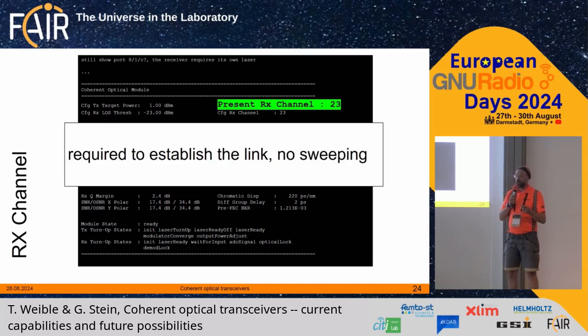And why would you do that? You can do this, for example, if you want to do a single strand transmission. So instead of running 2 fibers, one for transmit and one for receive, you can do it on a single fiber, having 2 different frequencies on 1 fiber, basically. But to do so, you need a separate local oscillator inside, and not all modules do support this.